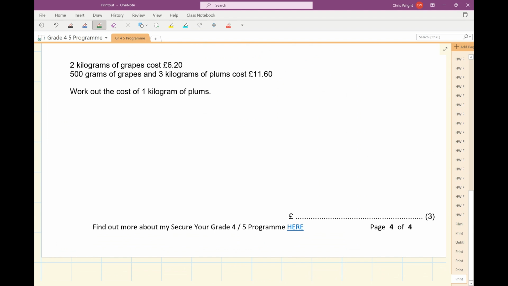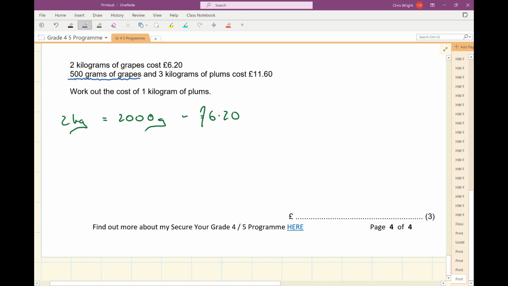Question 6. 2 kilograms of grapes cost £6.20. Now that's 2 kilograms, isn't it? So that's 2,000 grams, and that cost £6.20. Half a kilogram of grapes, or 500 grams, and 3 kilograms of plums cost £11.60.